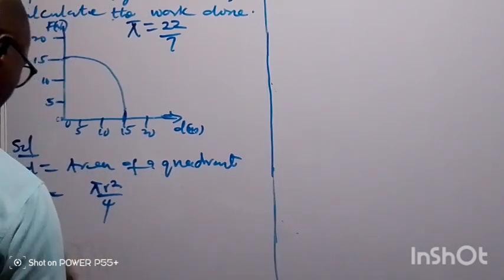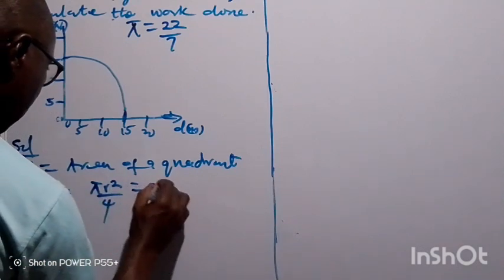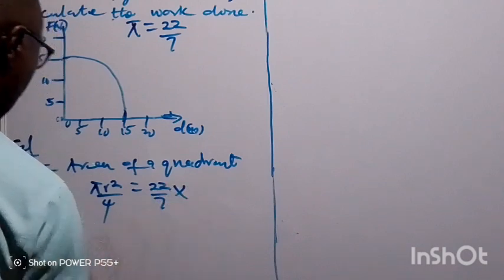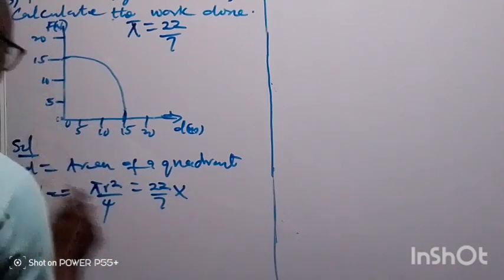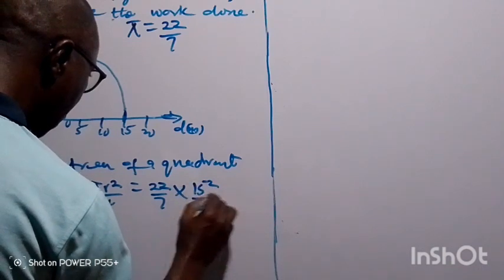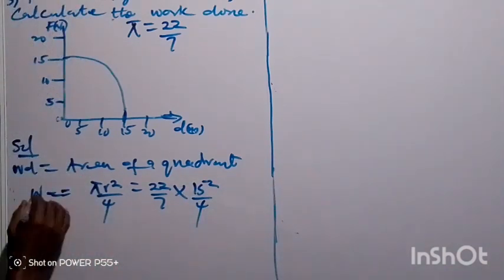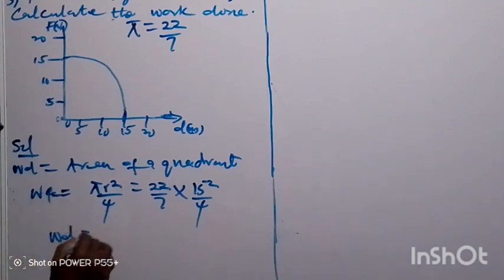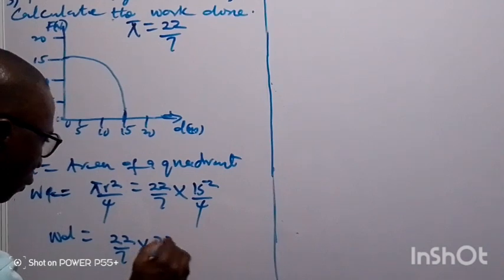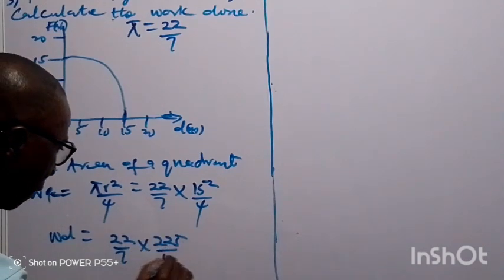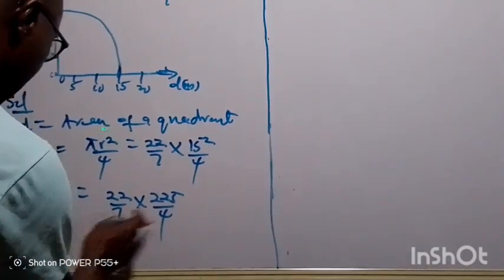So this will now give us the work done, 22/7 multiplied by the r there, from here to here 15, so that will be 15 squared over 4. So the work done will be 22/7 multiplied by 225/4. So multiply 22 by 225, and 7 by 4.